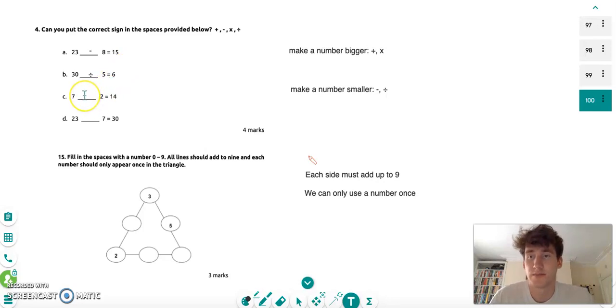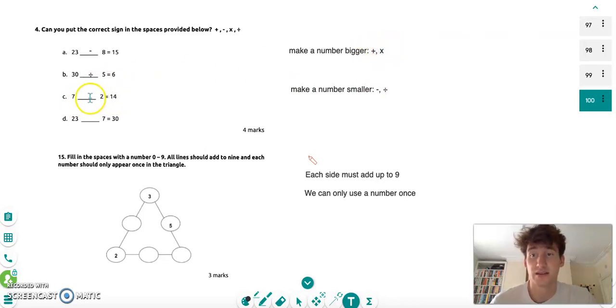Now part C, 7 space 2 equals 14. Again, I'd like to ask, what do you think we're doing? Are we making the number bigger or are we making the number smaller? In this case, if you answered you are making the number bigger, then you are correct, because 7 is clearly smaller than 14. So it'll either be the addition sign or the multiplication sign.